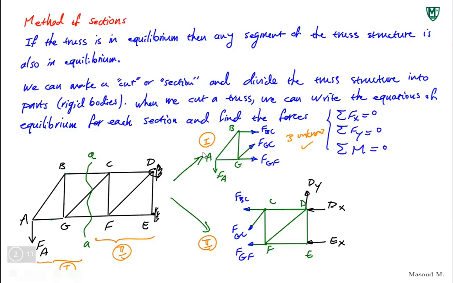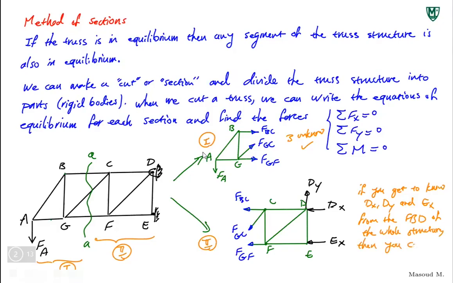So let's put it this way: if you get to know dx, dy, and ex from the free body diagram of the whole structure, then you can use this section to find FBC, FGC, and FGF, right? Then you can actually do that.